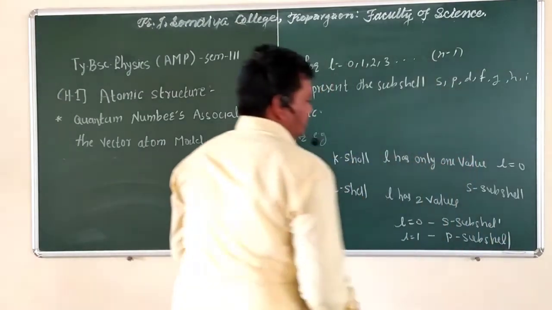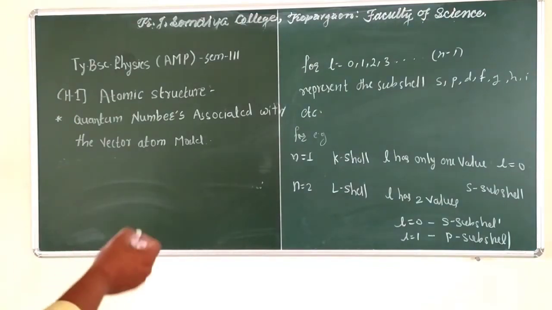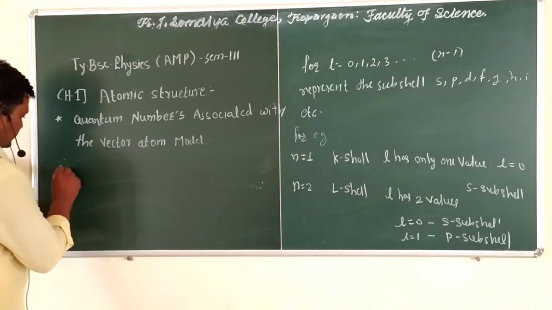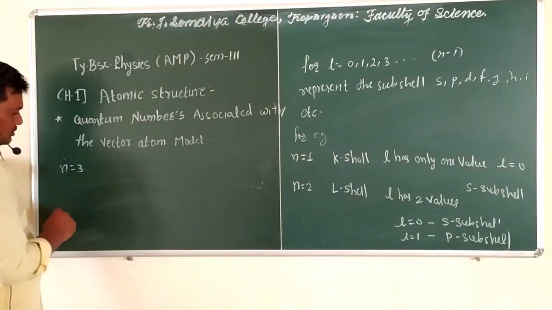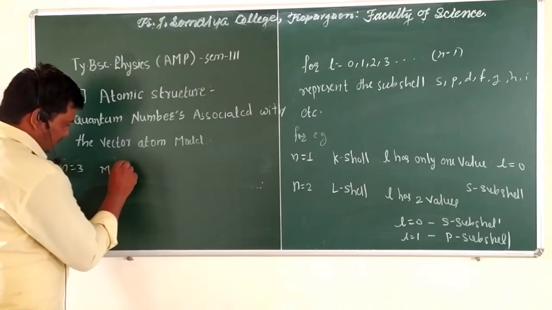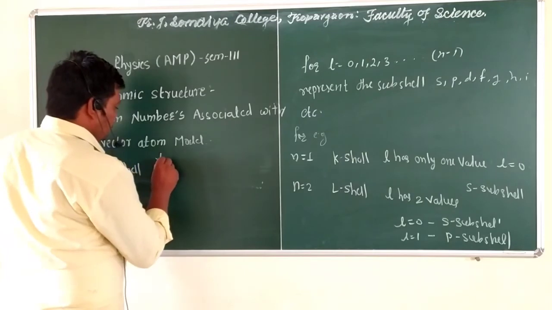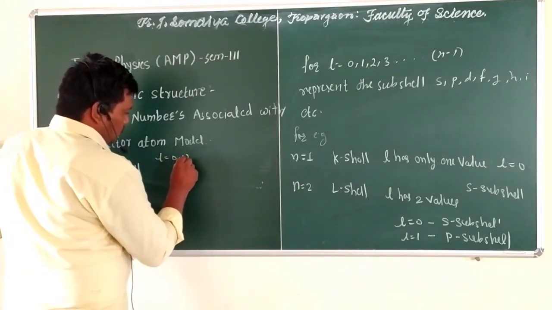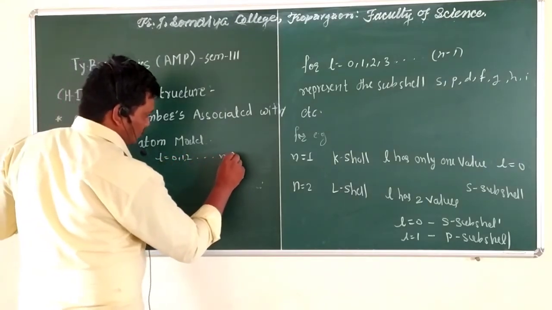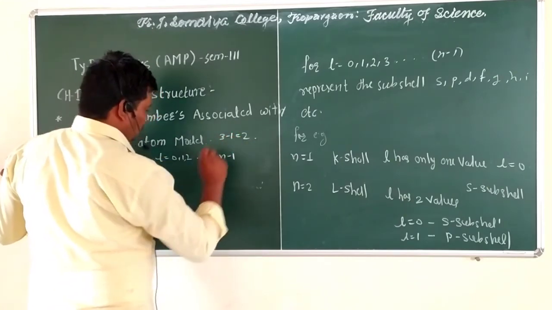Okay, if we consider n equal to 3, it is the M shell, and L takes values 0, 1, 2 up to n minus 1. Here n is 3, so 3 minus 1 is 2.